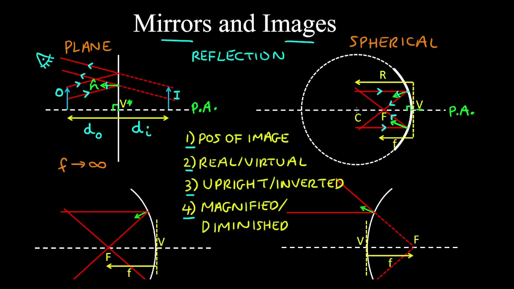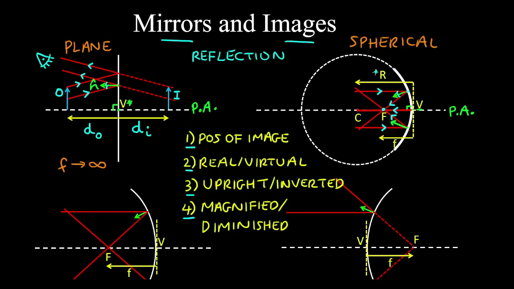And similarly, if we had an incident ray from the center of curvature along the principal axis, then a reflected ray goes back along the same direction by the law of reflection. So therefore all these reflected rays pass through the focus. So this is true for small spherical mirrors, or where the light rays are close to the principal axis.